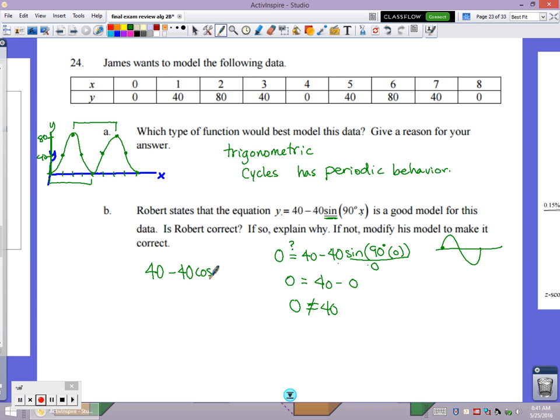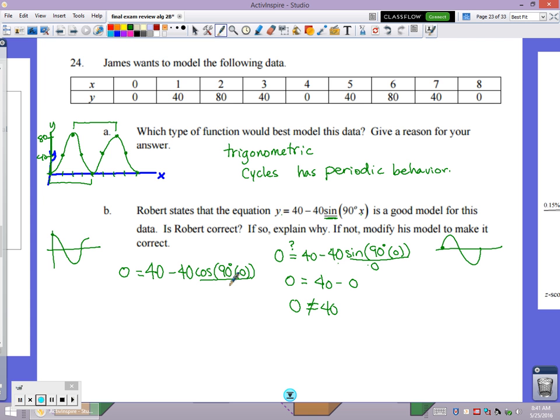40 cosine of 90, and I'm going to plug in again. I'm going to plug in 0 and equals 0. Great. So 90 degrees times 0 would be 0. What's cosine of 0? Let's think about cosine real quickly. Cosine starts up high, goes down, and back up. So at 0 degrees, cosine is 1.